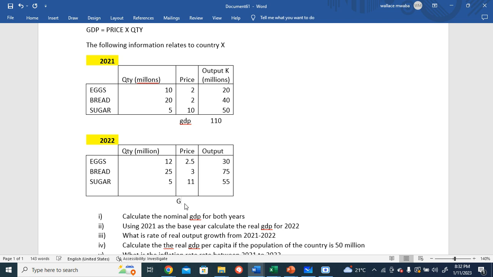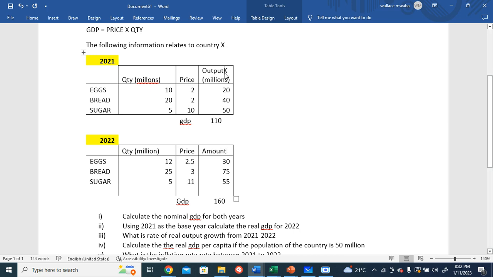So the nominal GDP is 30 plus 75 plus 55. That is 160 million kwacha.